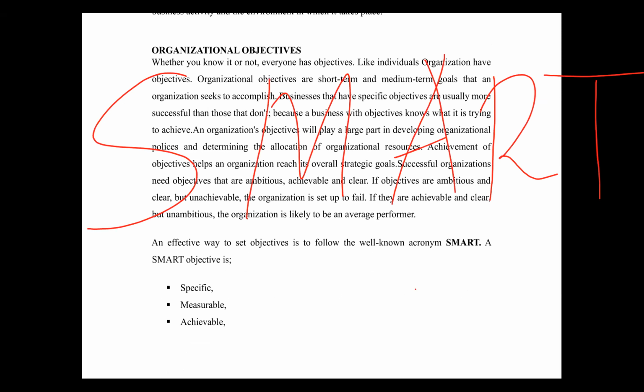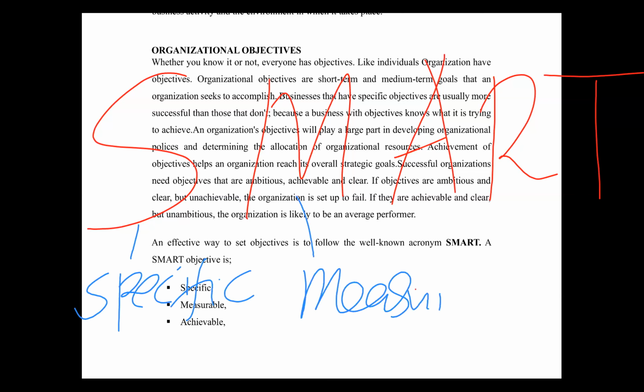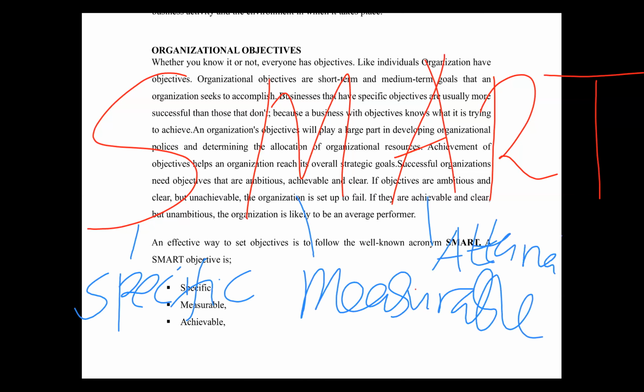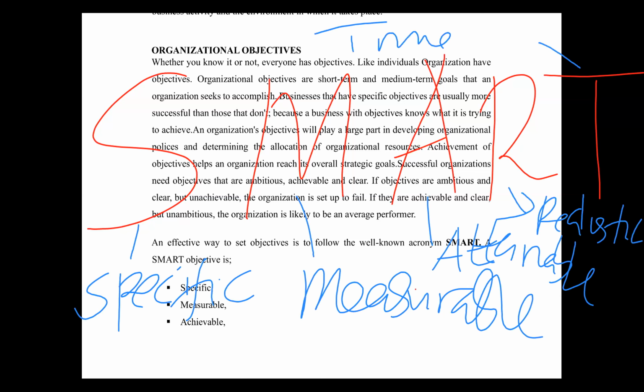Now, the word SMART is an acronym that stands for: number one, S, specific; M, measurable; A, achievable or attainable; R, realistic or relevant; and T, time-based.